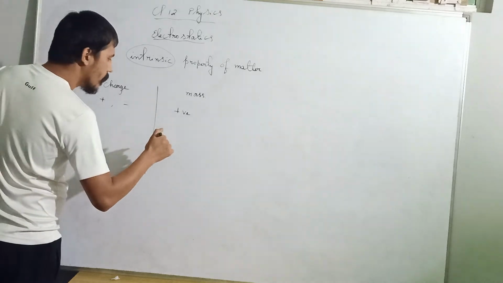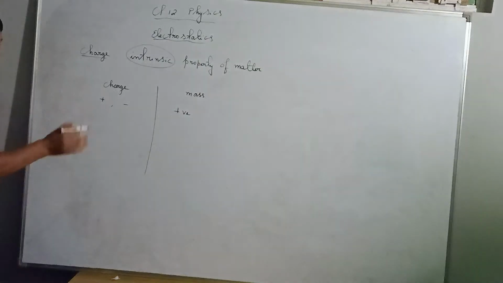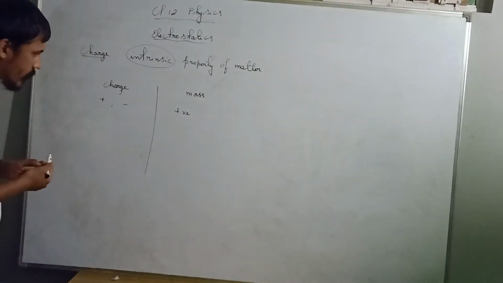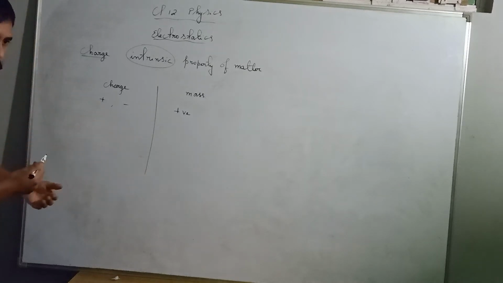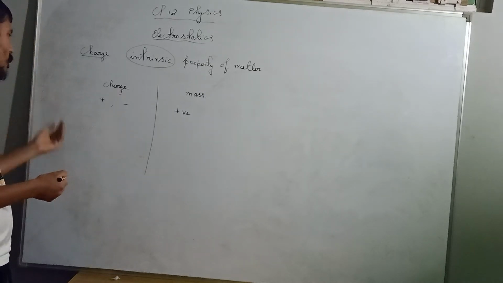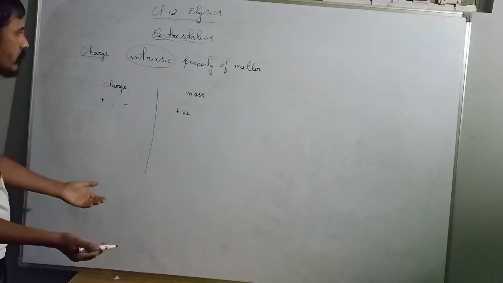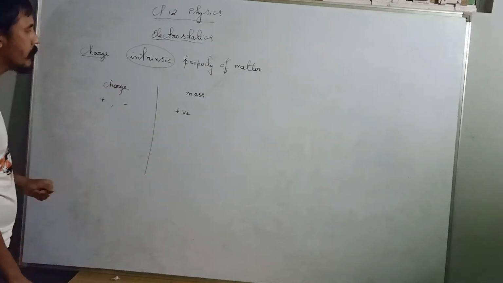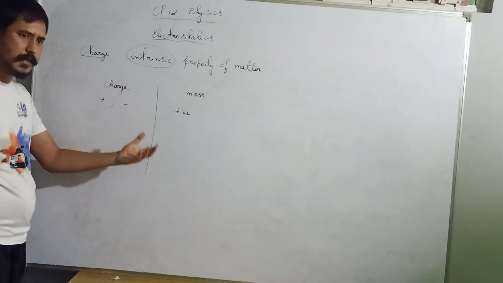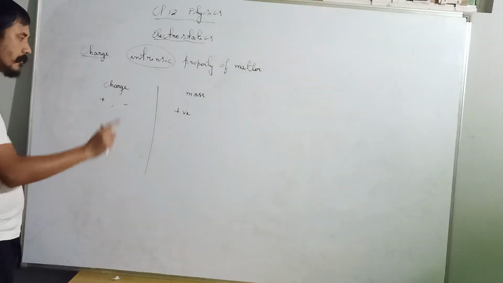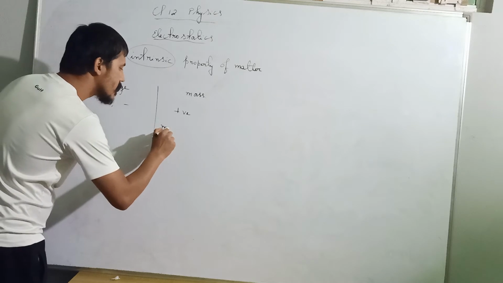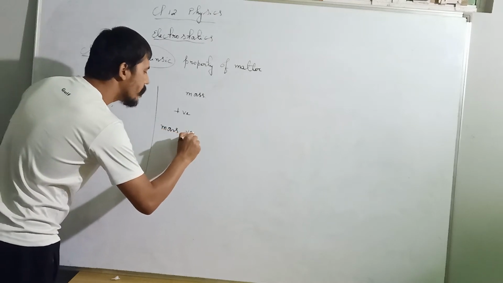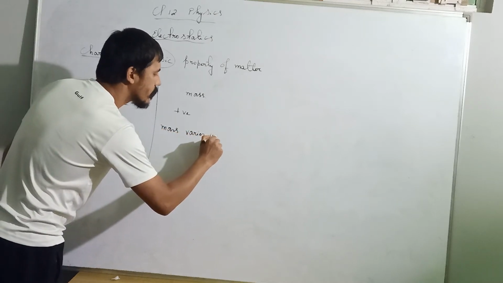Mass. You have studied in the lower classes that mass does not change, right? Whether you go to space or to any planet, whether in vacuum or in any medium, mass always remains constant. But mass varies with speed.